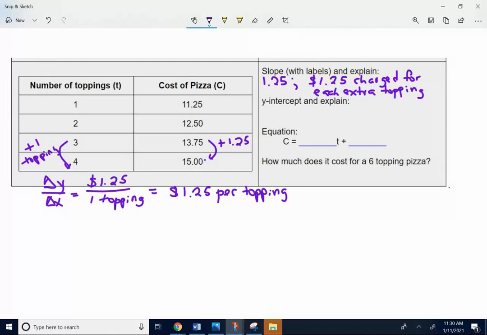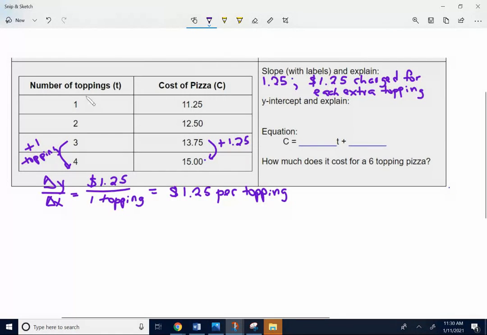The y-intercept is the initial amount. Slope was change. It changed $1.25 per topping. Y-intercept is the initial amount. But be careful. It needs to be the value that corresponds to 0, not to 1.